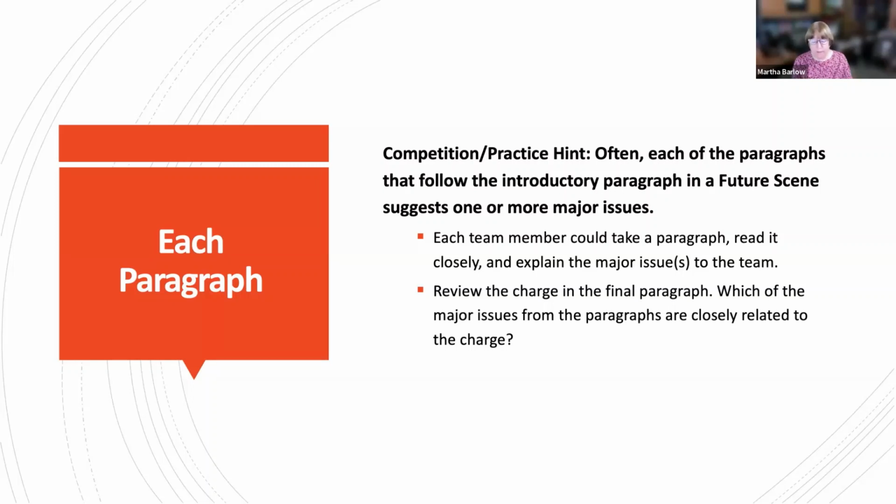And you could have them write a key verb phrase about that major issue. This is also a good chance to look at the charge in the final paragraph. So when we talk about these major issues from each paragraph, which of them are most closely related to the charge? That's a good step, especially when you're heading right into competition, for kids to know how to do.